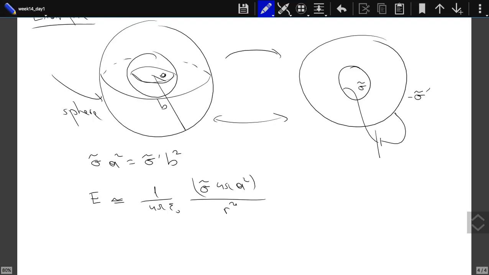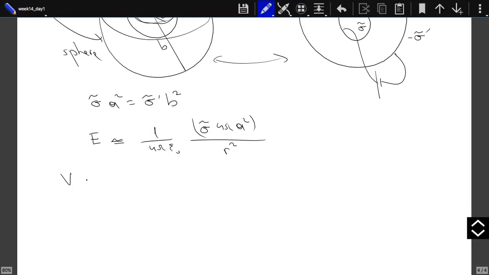This is the 1 over 4 pi epsilon 0 Q over R squared electric field. The potential difference is just E dot dl.